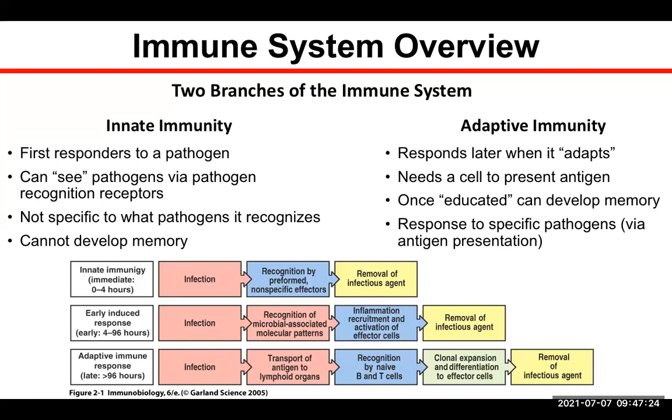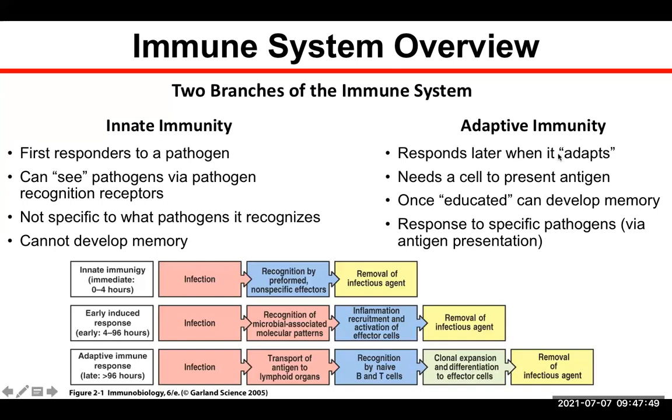They kind of just recognize everything, as long as the component isn't found in us, then they'll be able to respond to it. It's also important to note that innate immunity cannot develop memory. So even when it's exposed to any kind of pathogen, it will never develop memory, at least no scientists have demonstrated that at this point.